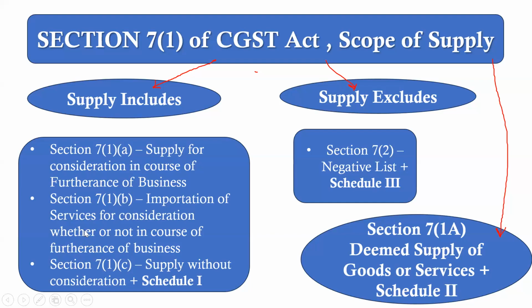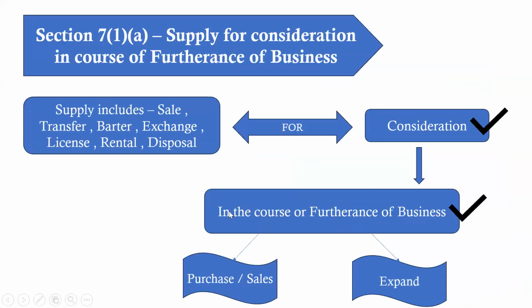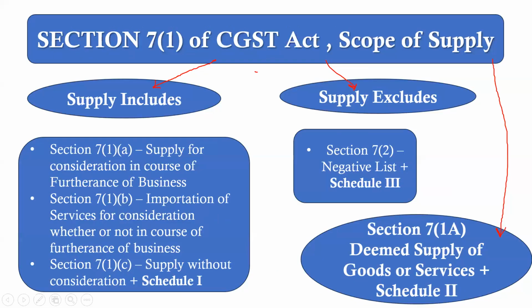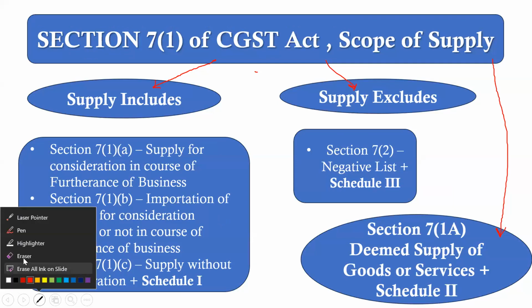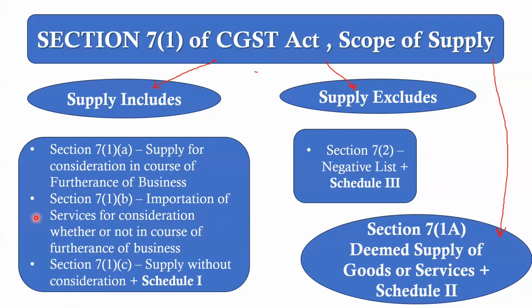Then Section 7 subsection 1B says the importation of services for consideration, whether or not it is in the course or furtherance of your business. Section 7 subsection 1C says that supply is without consideration.